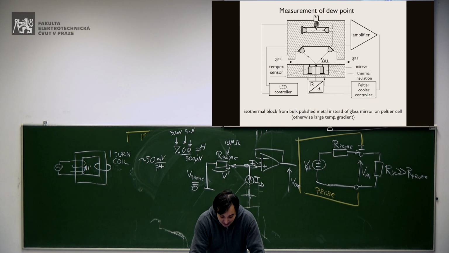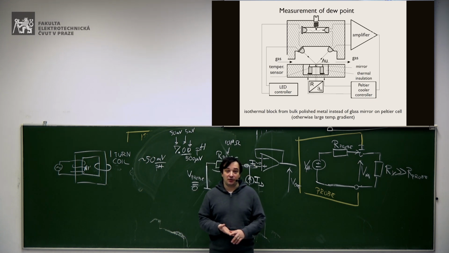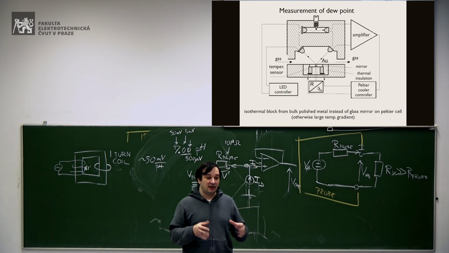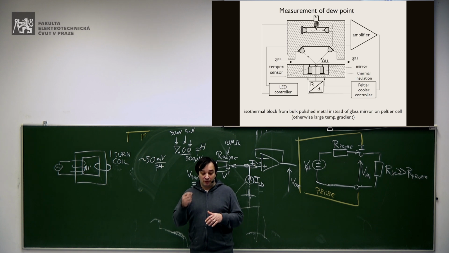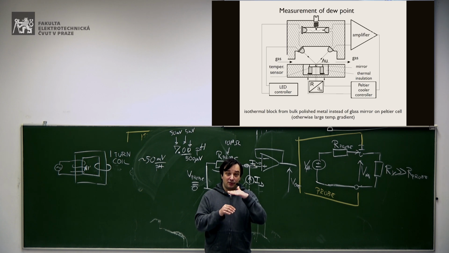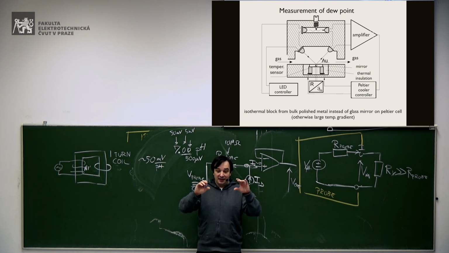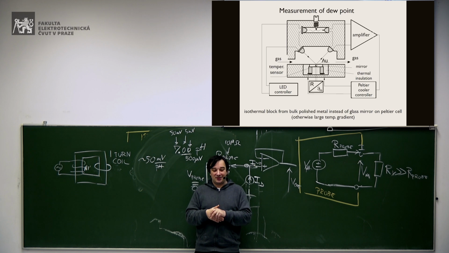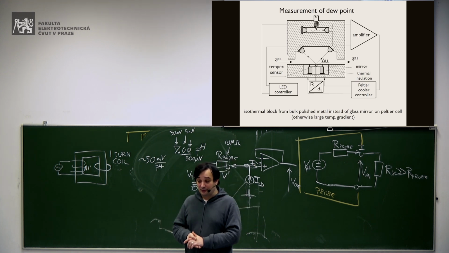Just a minor remark. Be careful about this mirror. Don't use a glass mirror, because you need an isothermal block where the temperature you measure with a temperature sensor is the same as the temperature of the mirror where you get the dew. A glass mirror with a Peltier cooler under it can have a substantial temperature gradient, so what you measure is not the temperature on the mirror.